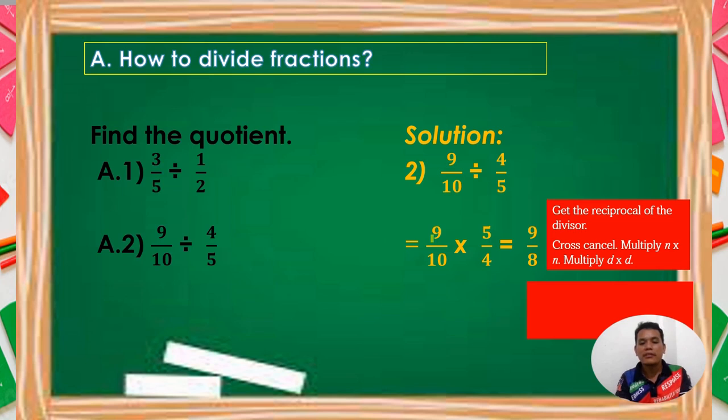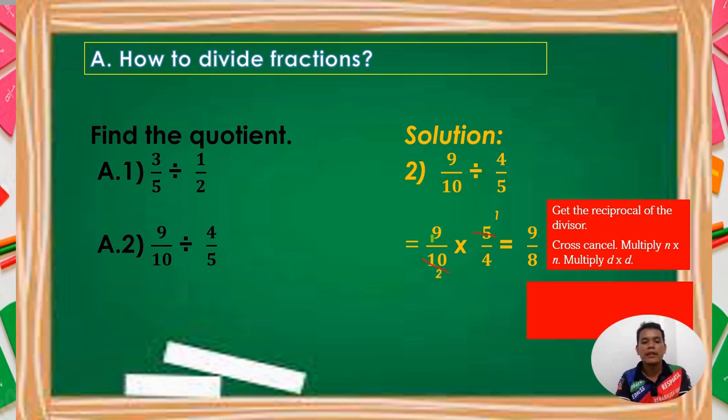But look, we can cross cancel 10 and 5, right? The GCF of 10 and 5 is 5. So we are going to divide 5 and 10 by the GCF. 5 divided by 5 equals 1, while 10 divided by 5 equals 2.